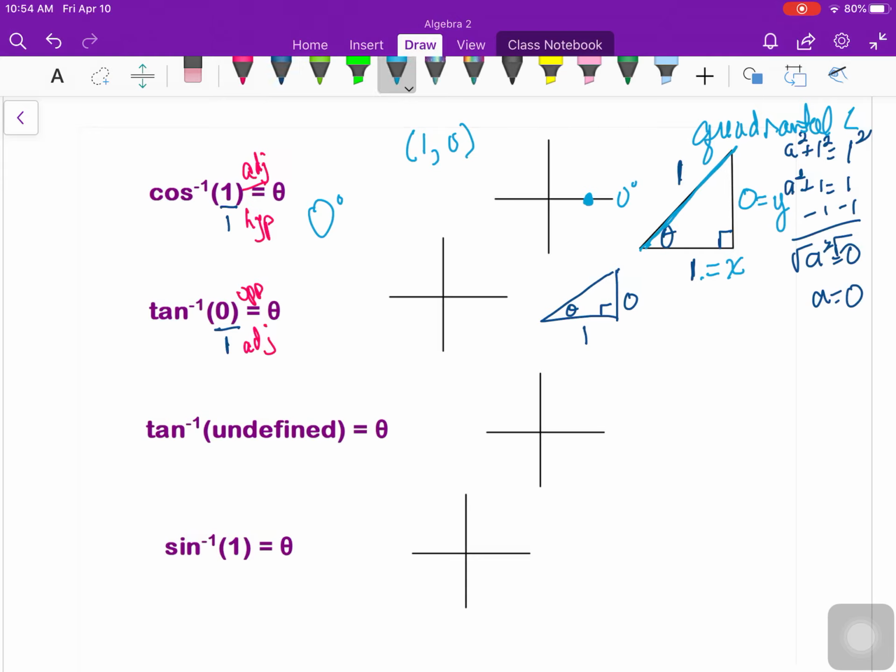So that means this missing side is 1. So again, since the hypotenuse and a leg are the same length, I am going to know it is a quadrantal. So my x value is 1 and my y value is 0. So in this case, I have the point 1, 0. 1, 0 falls right here, and that is 0 degrees.